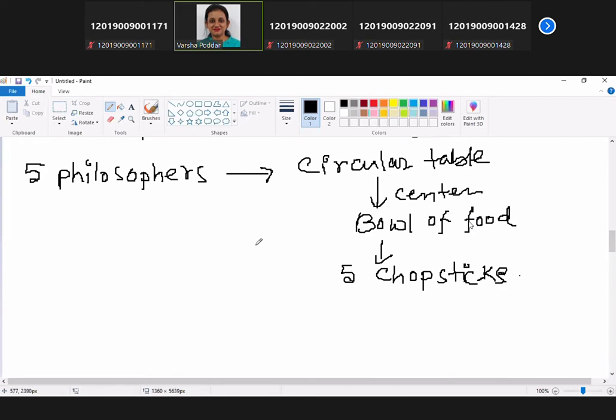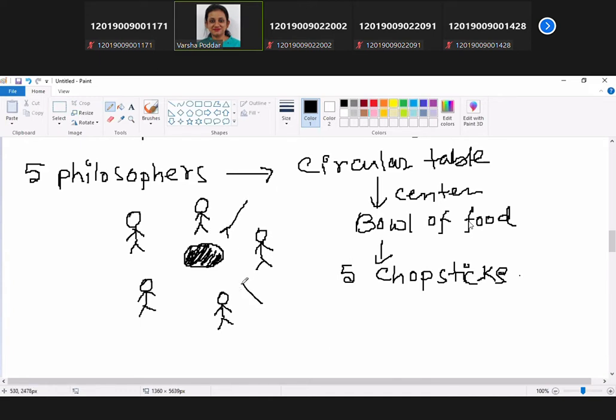The situation is like this: if this is my bowl of food, I have philosophers 1, 2, 3, 4, 5. Each of them is given one chopstick. So 5 chopsticks. This is my situation. Fine.